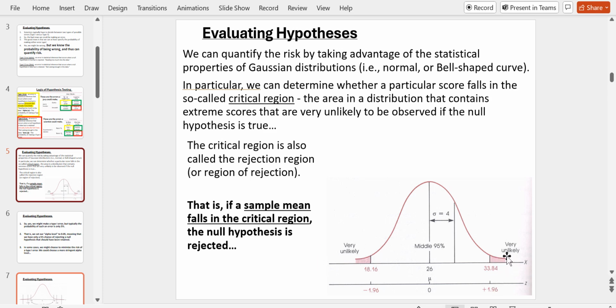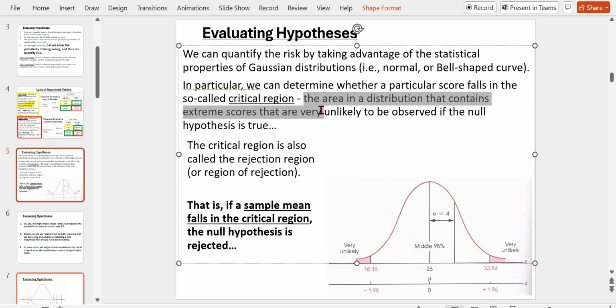The whole reason why we use these extreme scores is that we're not interested in all of the rest of the information here. Why? The area in the distribution that contains these extreme scores is very unlikely to be observed if the null hypothesis was true.